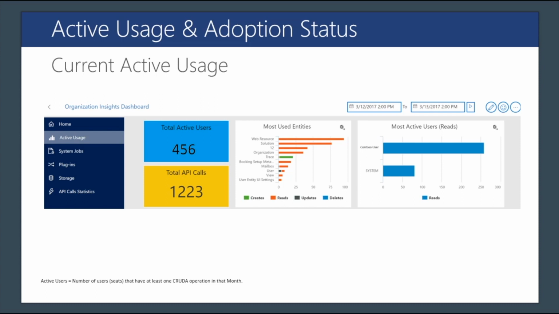That also helps in reducing the amount of time that it takes sometimes to resolve issues because it's quickly and easily identifiable and available to find that information. Now, not all of that is there yet, but as we move forward, those types of things are going to continue to be put into our Organization Insights dashboard.